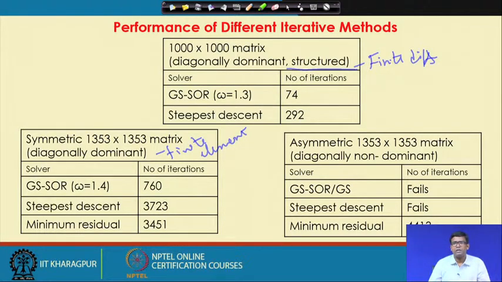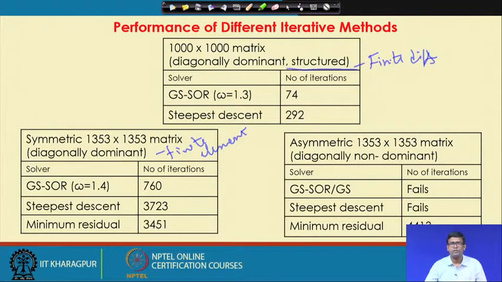And second is: something like a minimum residual algorithm, can it be developed again with much rigor, so that a similar algorithm, or some idea of projection based methods, can be used, so that we can get a matrix solver which works for any matrix, be it non-diagonally dominant, diagonally non-dominant, or asymmetric, it will still work.